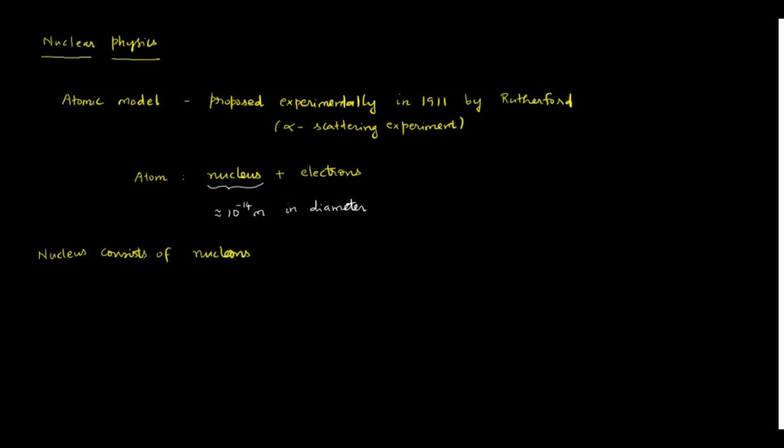So what does the nucleon consist of? It has two things. This nucleon consists of both proton, which carries positive charge, and neutron, which has negative charge.